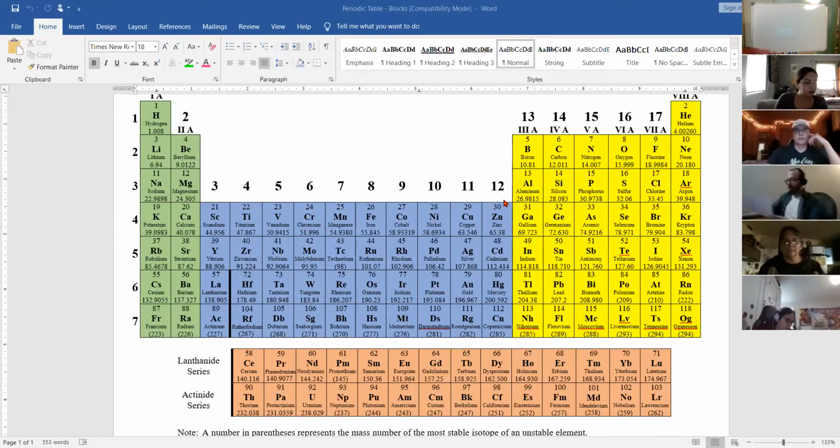I think on the assignment, it might ask you, what does valence mean in Greek? The answer is to be strong. Valence in Greek means to be strong.